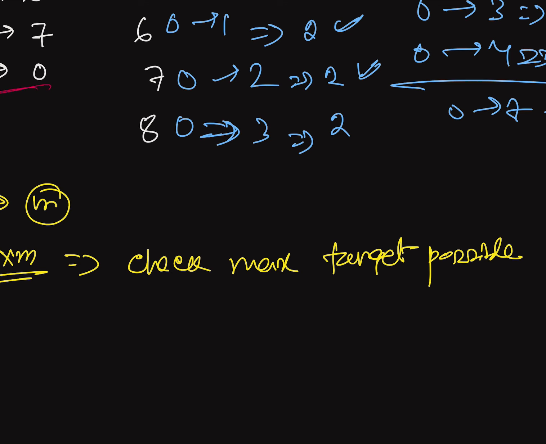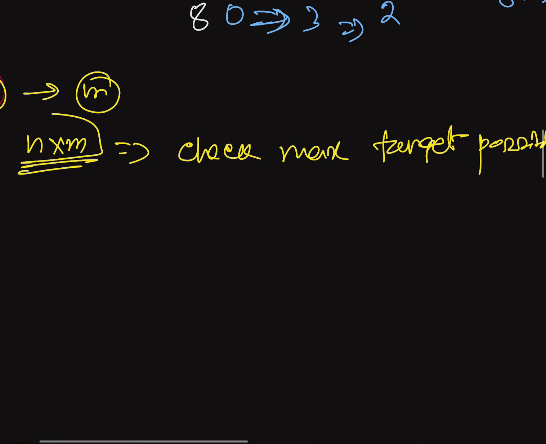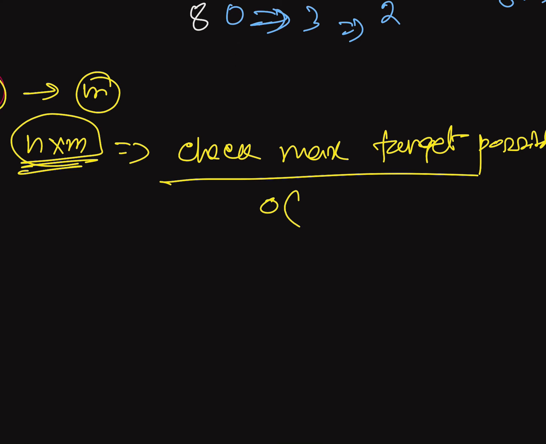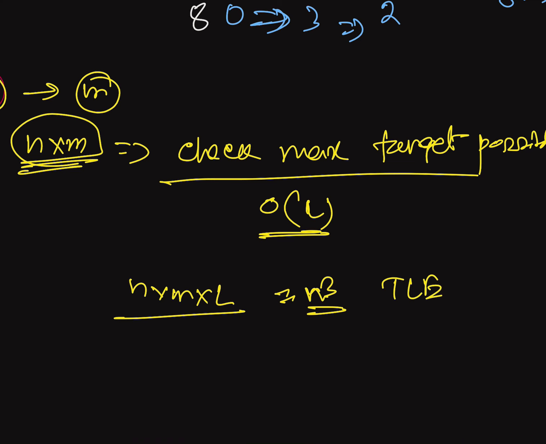Correct? So the time complexity will be n into m, and then L for linear traversal, because we have to traverse at least all the nodes. So the time complexity will be n into m into L. This will always be too large, so this will give TLE. Is this brute force approach clear?